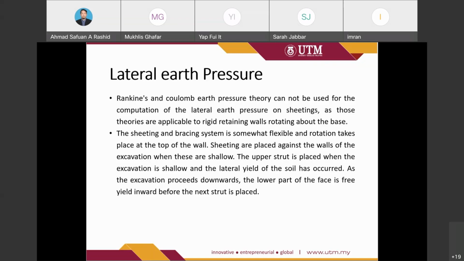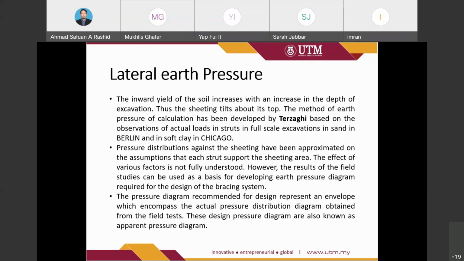Sheeting is placed against the wall of the excavation when it is shallow. The upper strut is placed when the excavation is shallow and the lateral yield of the soil has occurred. As the excavation proceeds downward, the lower part of the face is free to yield inward before the next strut is placed. So the inward yield of the soil increases with an increase in the depth of excavation.